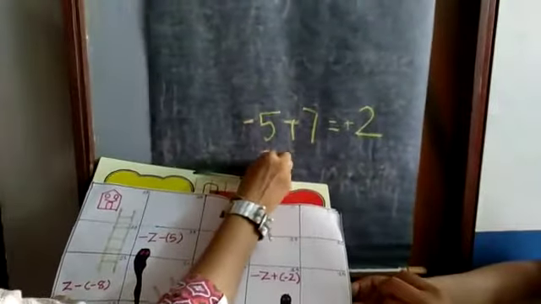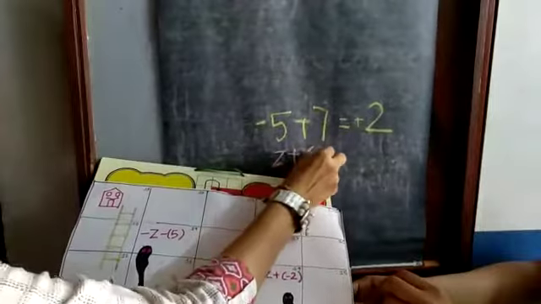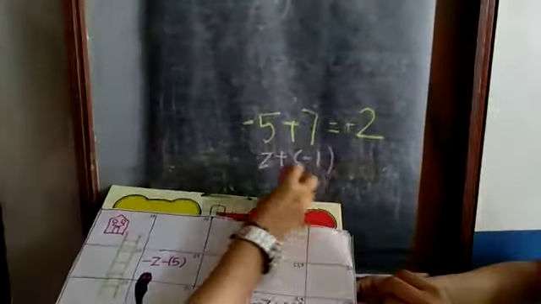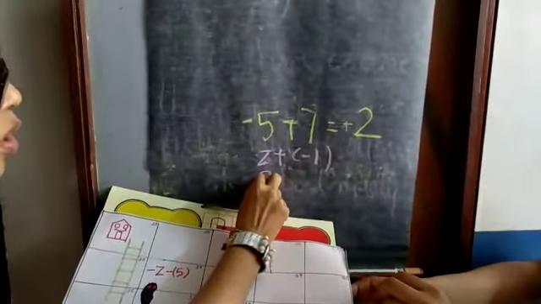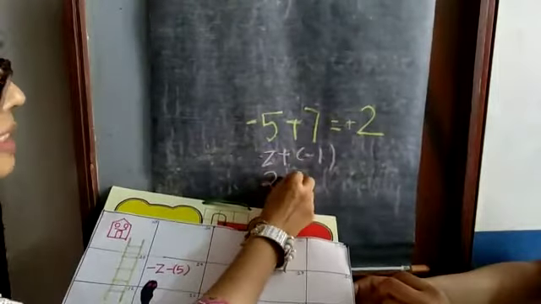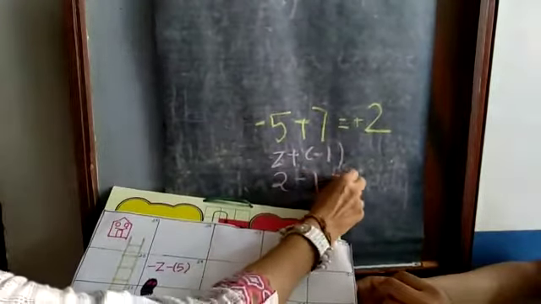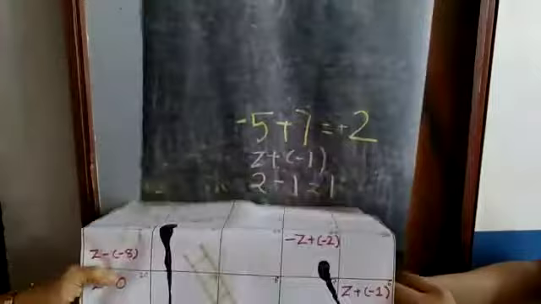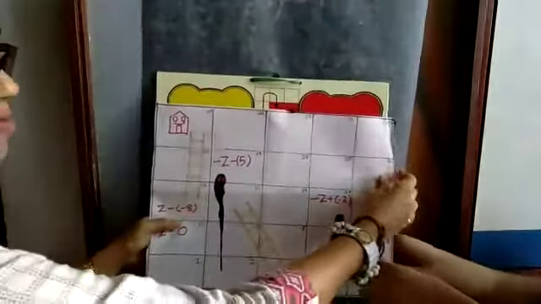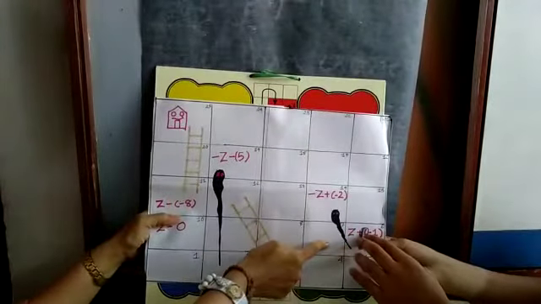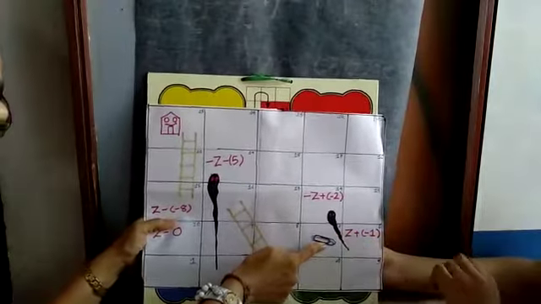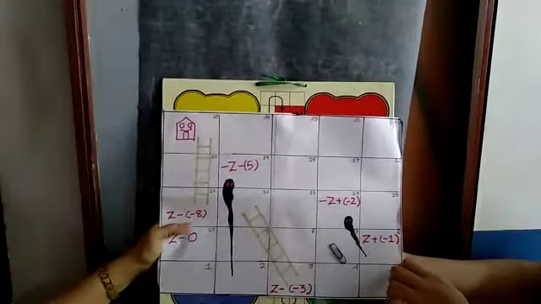On your dice Z is equal to 2. So it is 2 plus minus 1. So what is your answer? 1. So again you move one step ahead. Got it? This way we are playing.